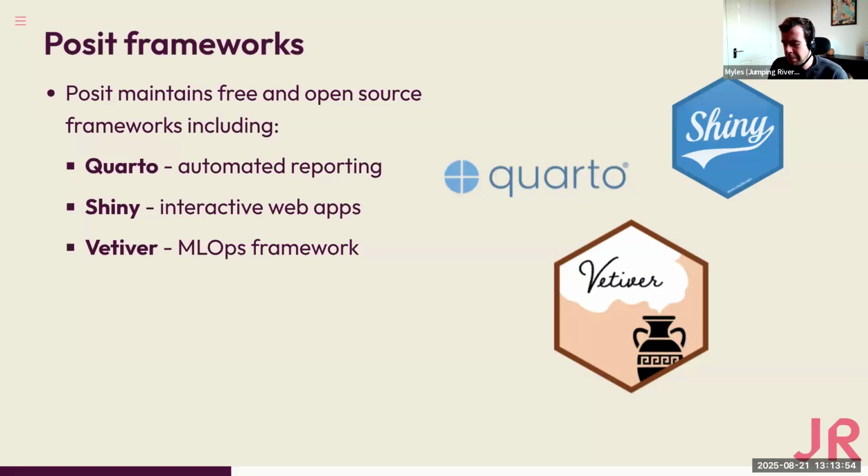That has a lot of functionality for training machine learning models, versioning these models, deploying them to the cloud, monitoring the models. These are all really nice frameworks, and they're all completely free and open source. So it's well worth checking these out. And the best thing of all is that they are multilingual by design. These are all compatible with R and Python and more. Regardless of whether you're coming from an R background or a Python background today, everything I'm going to cover is going to be applicable to both languages, which is really nice.